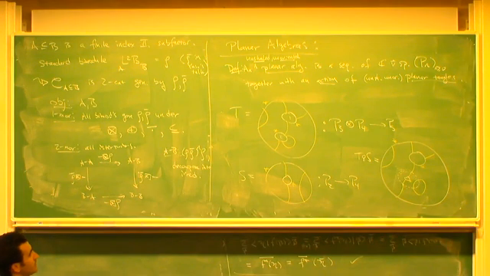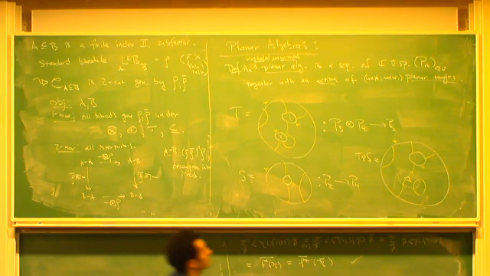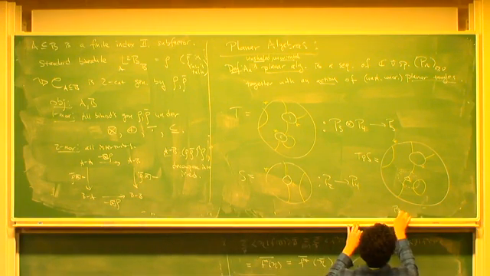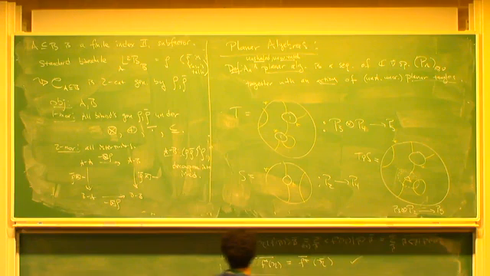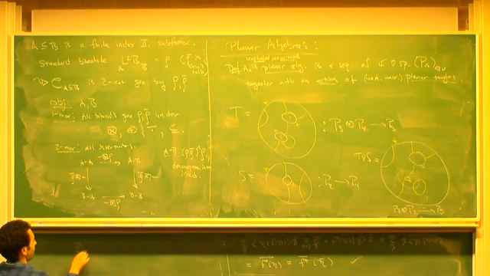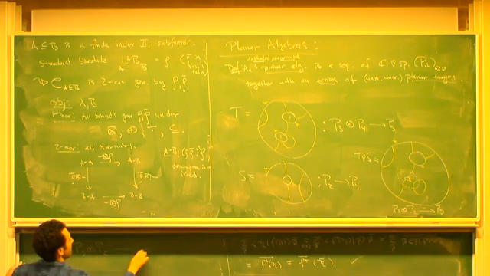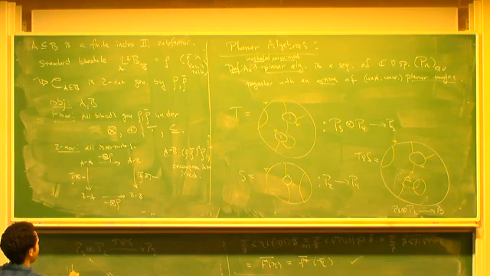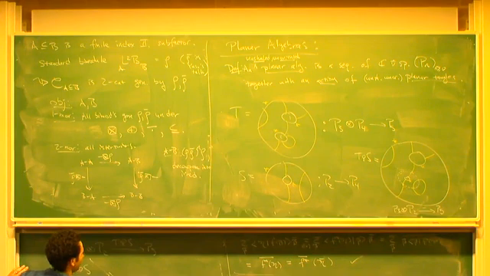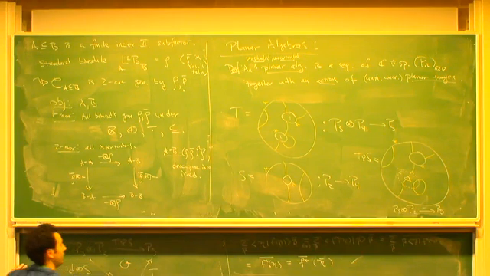And in fact, that comes in with the thing I'm about to write down here. The action means that composition of tangles has to be the same thing as composition of linear maps. This is going from P3 tensor P2 to P5. Here this is T composed to S. Here I'm going to take the identity tensor S, going from P3 tensor P4, and I'm going to do T, and this has to commute.